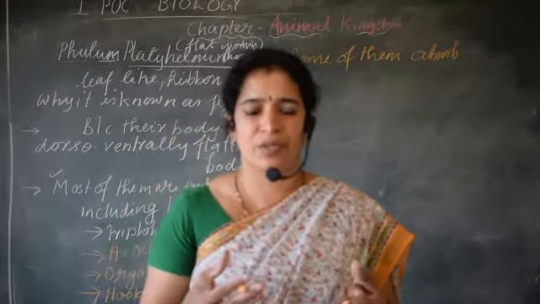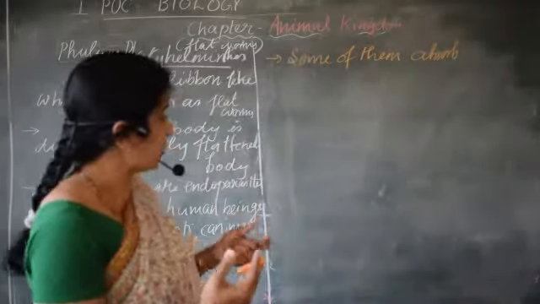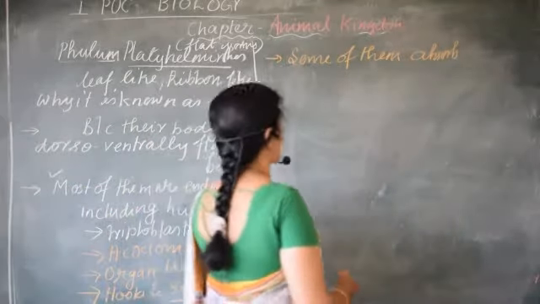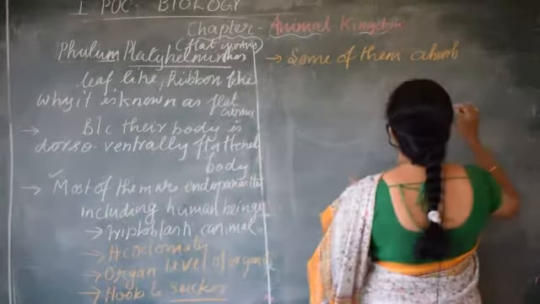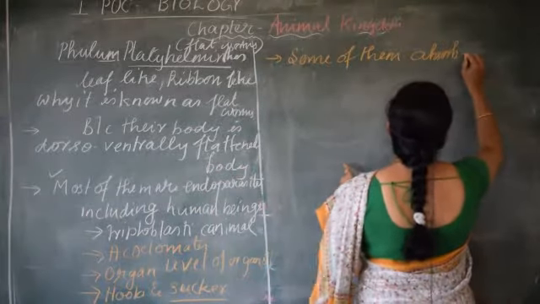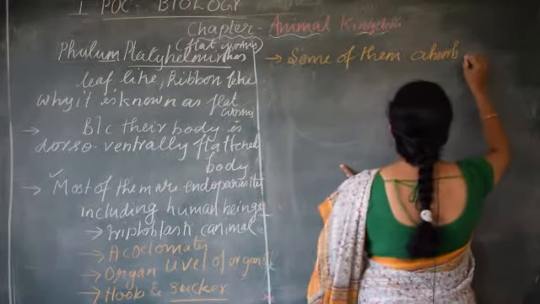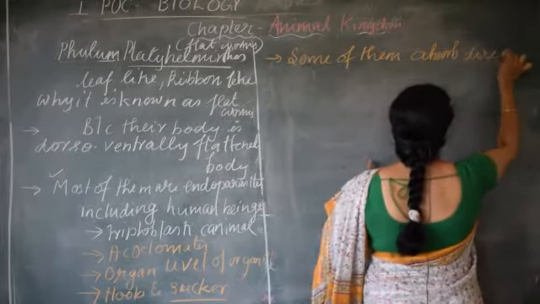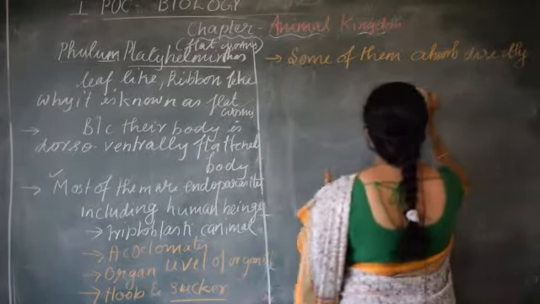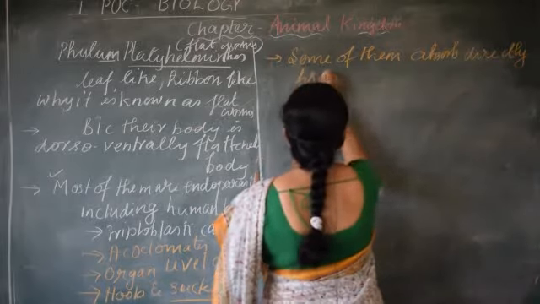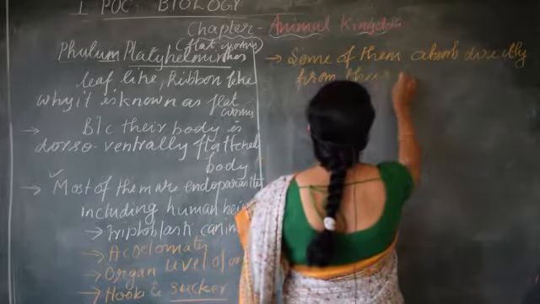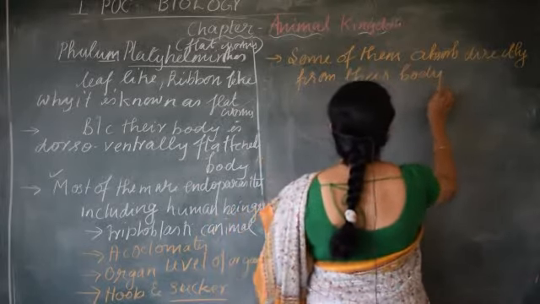Likewise, once these parasites enter the host body, they start to absorb. Some of them have special structures to derive nutrients, but some absorb the nutrients directly from their body surface.